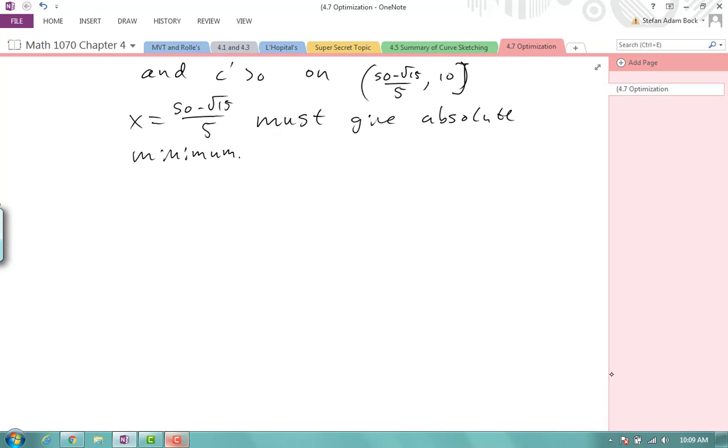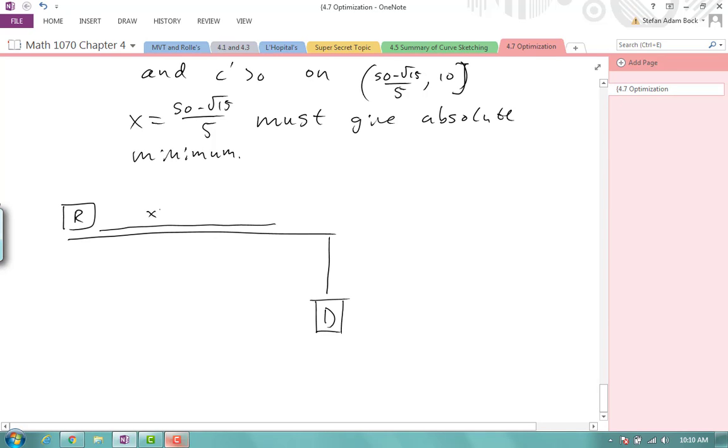So in terms of our original question, I'm going to lay pipe on land for a distance of x equal to (50 minus the square root of 15) over 5 miles.